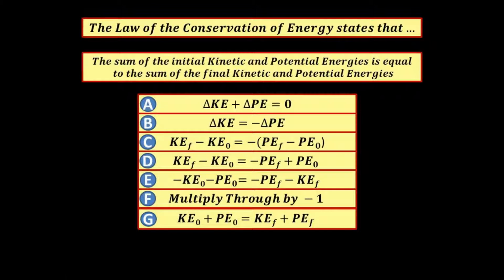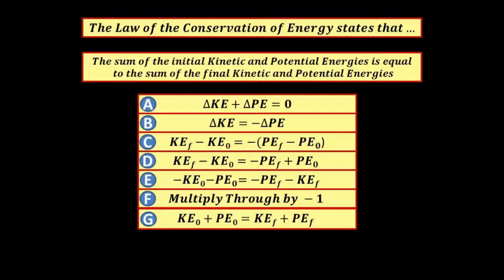The law of the conservation of energy states that the sum of the initial kinetic and potential energies is equal to the sum of the final kinetic and potential energies. We know that delta KE plus delta PE equals 0. Delta KE equals the additive inverse of delta PE.